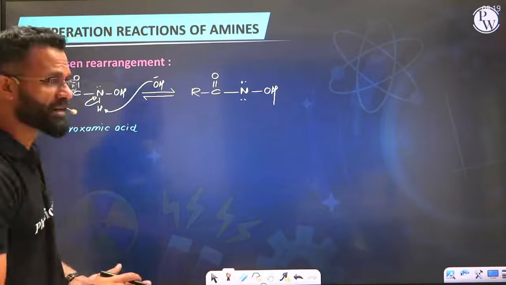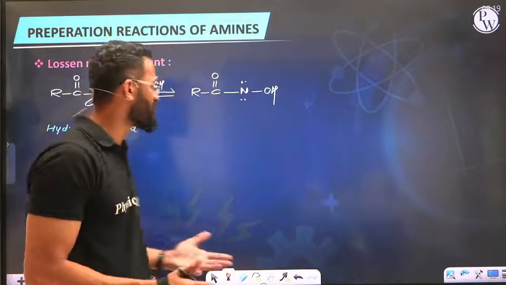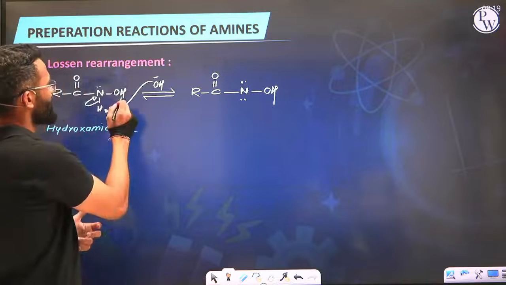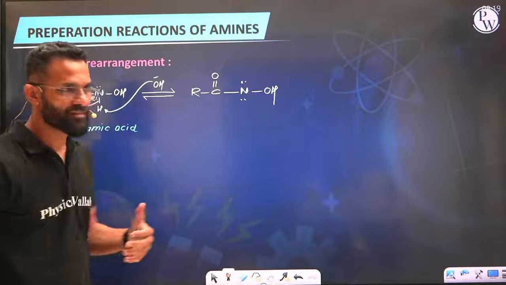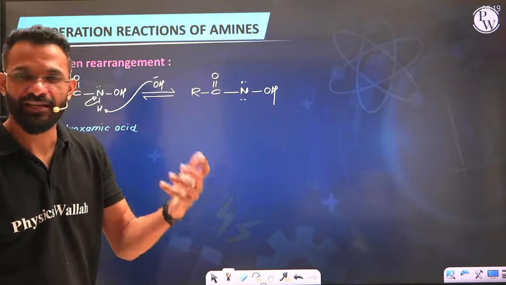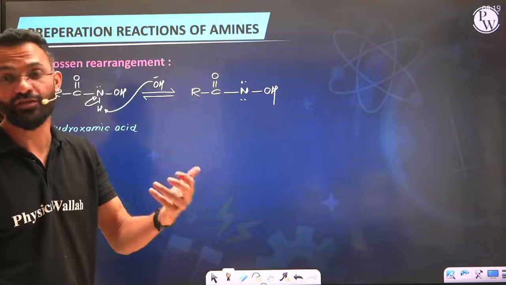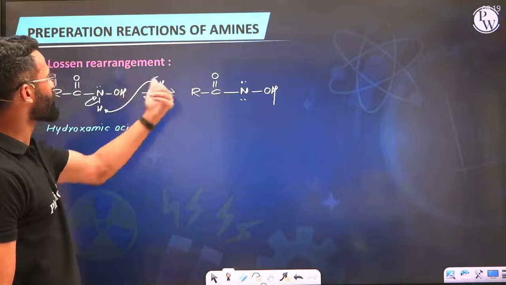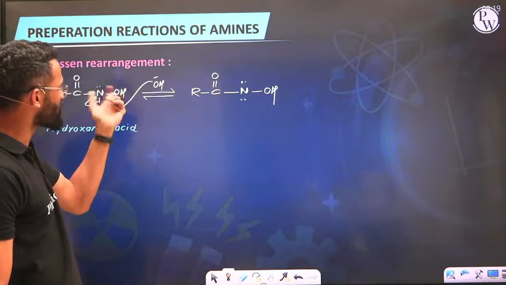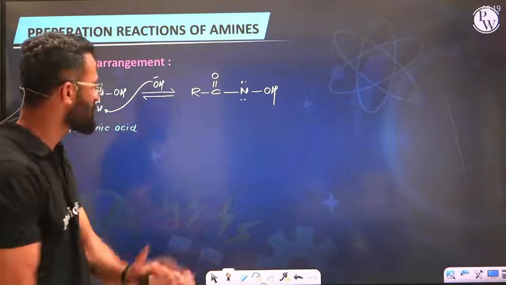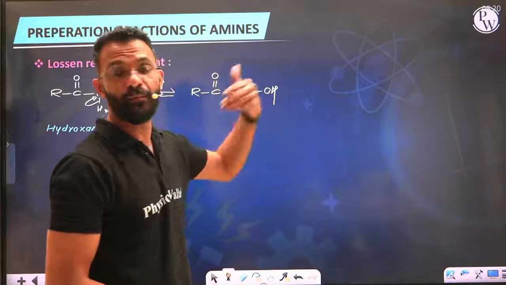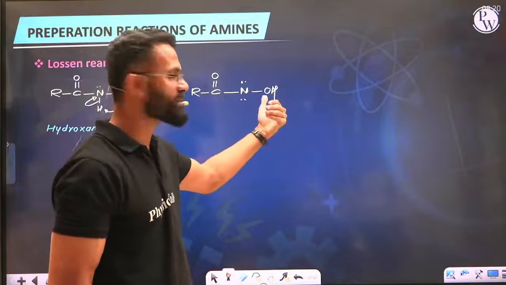Now several times you will see in several books it is mentioned that we first make this OH into a good leaving group. So let's say if this H is substituted by some benzene sulfonyl group, that is PhSO2, which is also a good leaving group, or if you substitute this by, let's say, acyl group, then this will become carboxylate. So that is going to be a good leaving group. But otherwise in many reactions it is being observed, although there is just OH, because you are going to heat it, even this becomes a good leaving group.